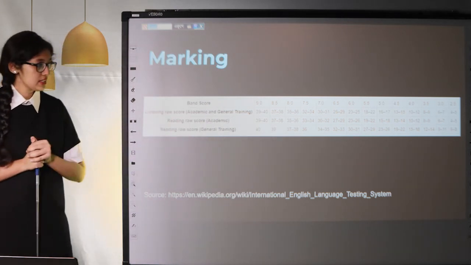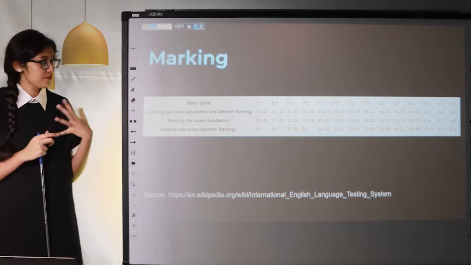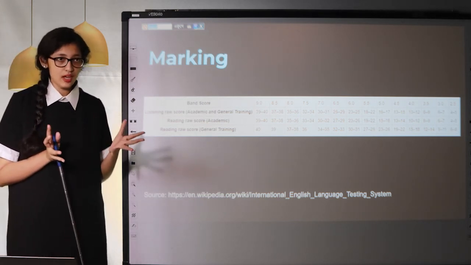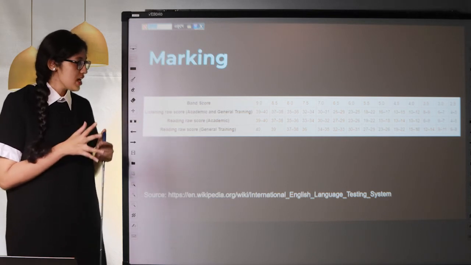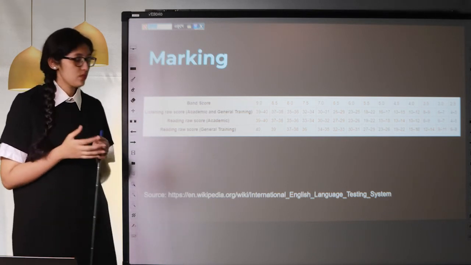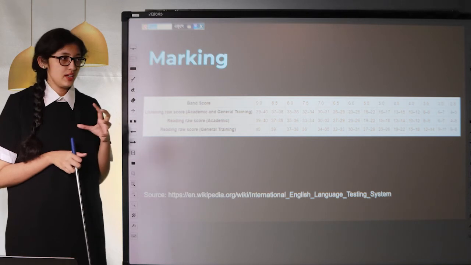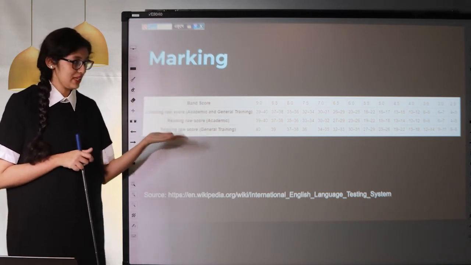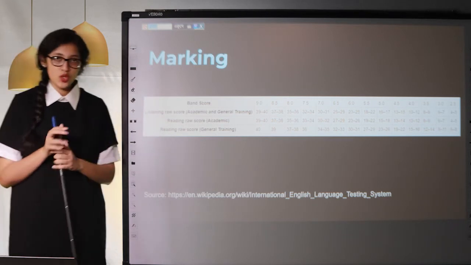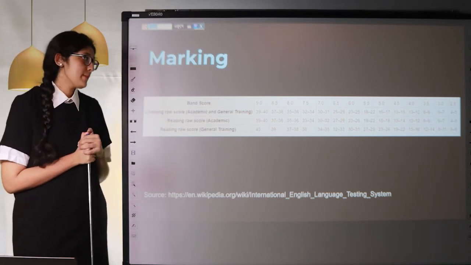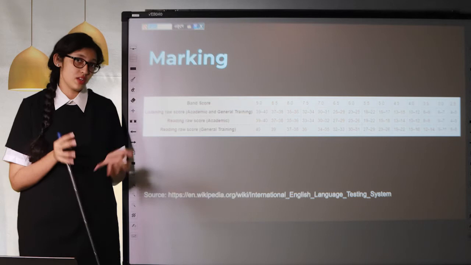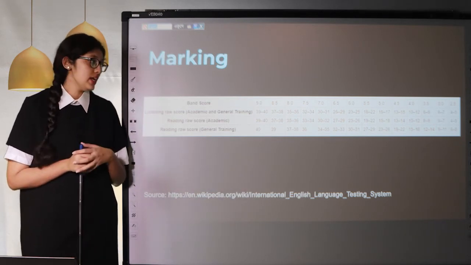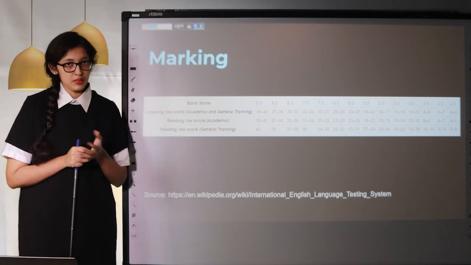This marking scheme basically shows how the IELTS have decided that the reading score for general training will be considered less when compared to the academic one, because the general training questions are less complicated, and it's actually easier for you to score more in general training than in academic.